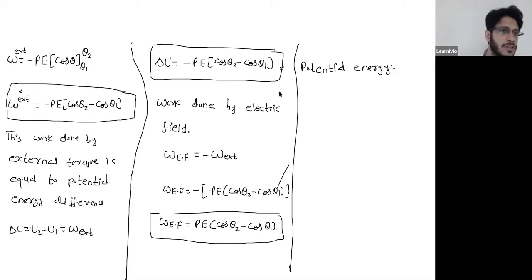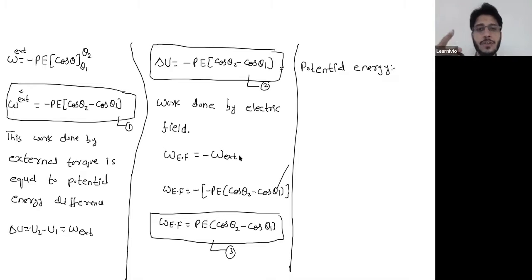Let's name these equations: this is equation number 1, this is equation number 2, and this is equation number 3. In equation number 2, we have calculated the potential energy difference. But if I ask you to calculate potential energy, it means you need the potential energy at a particular angle, not the difference between two potential energies. So to calculate potential energy, we use equation 2.